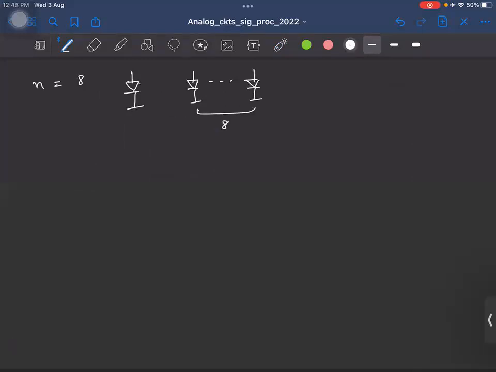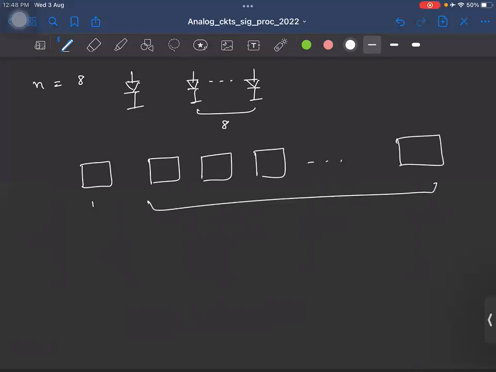For example, you can have this as the one diode, and I can have 8 of them placed like this. Now, do you think this is a good choice, or do you think this might have some issues?